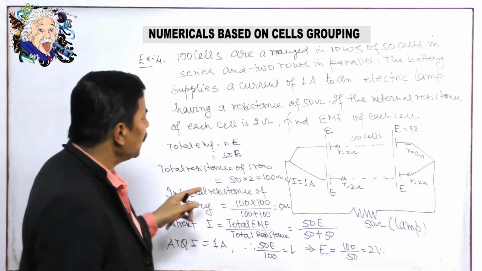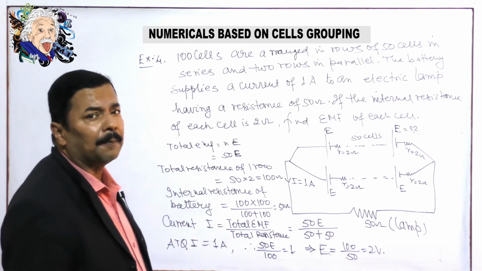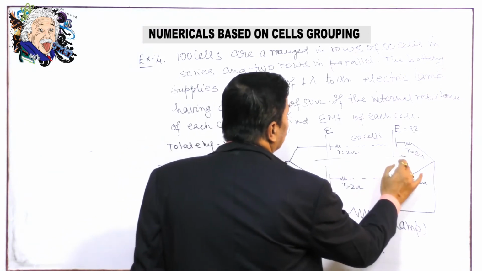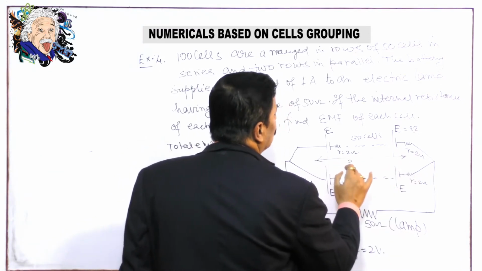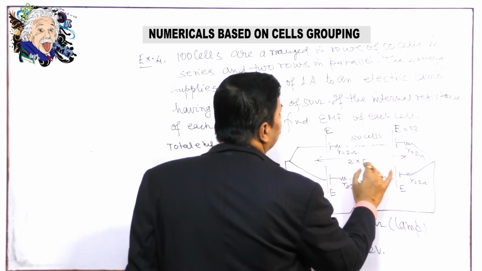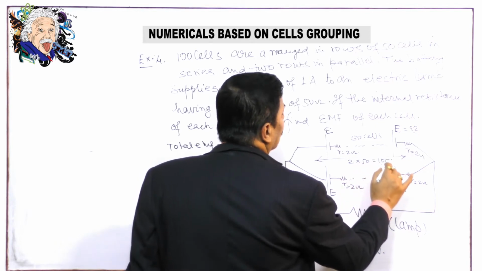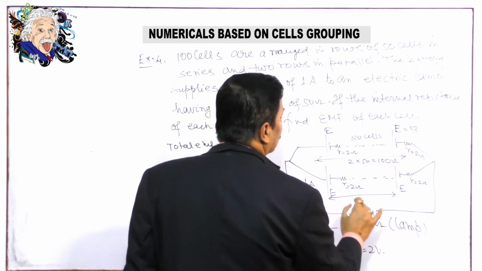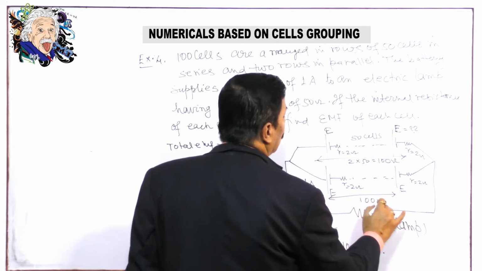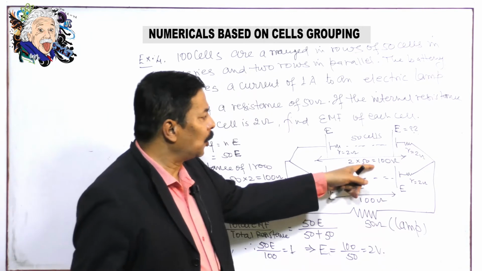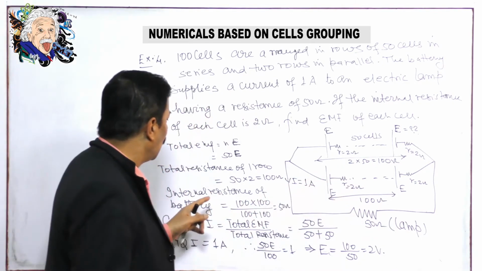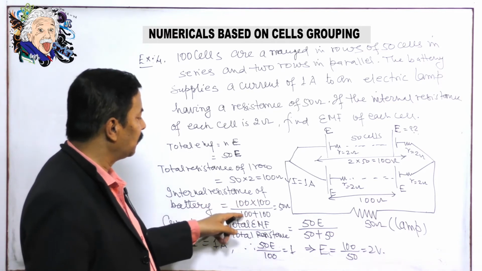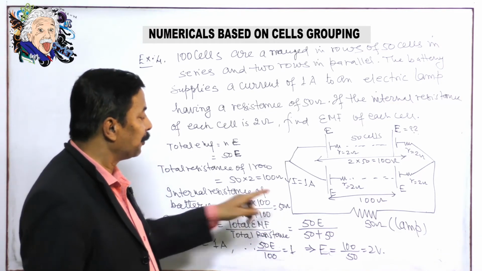So if we want to find the resistance of this row, we will get the resistance of 2 into 50, that is 100 ohm. And of this row, we are getting the internal resistance again as 100 ohm. So these 100 ohm and 100 ohm are in parallel. So the internal resistance of the battery should be 100 into 100 by 100 plus 100, that is 50 ohm.